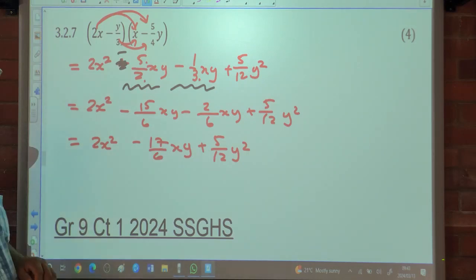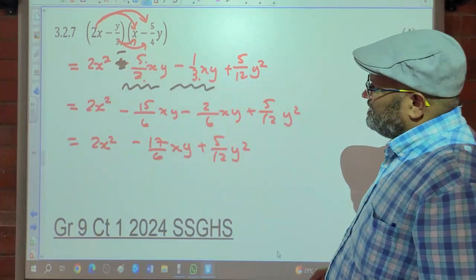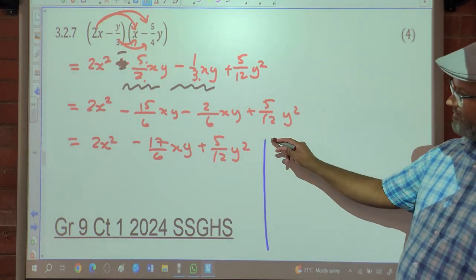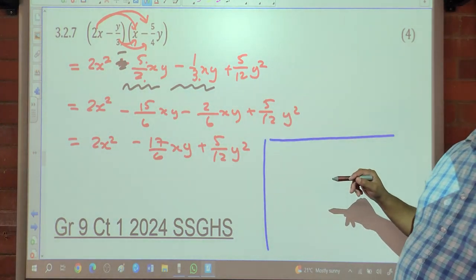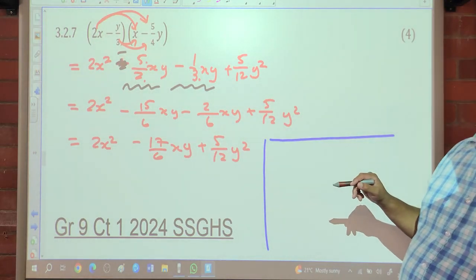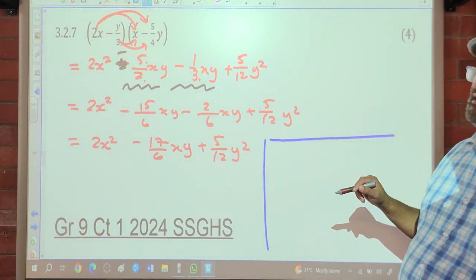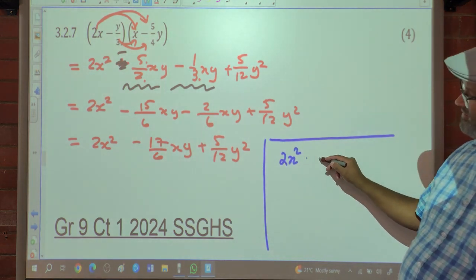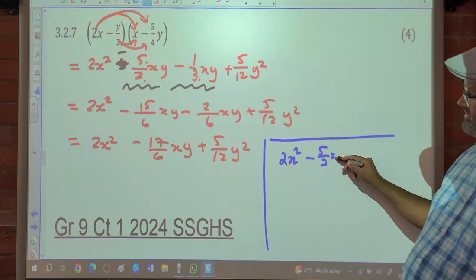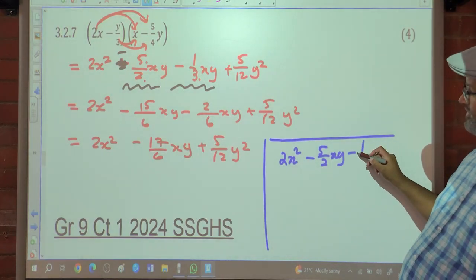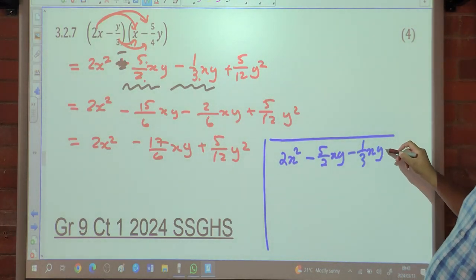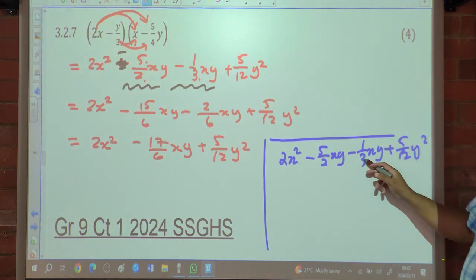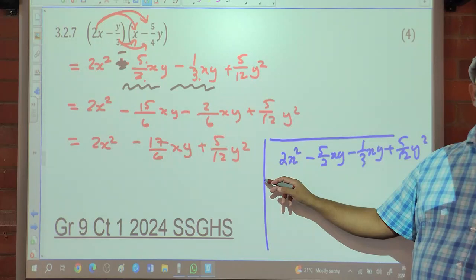If I multiply and divide the bottom by each other, alright, so what did you write? 2x squared minus 5 over 2xy, minus 1/3 xy, plus 5 over 12y squared. And then I took all the bottom. So what's your LCM?